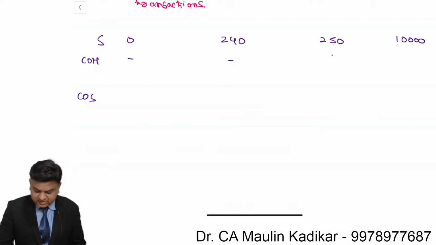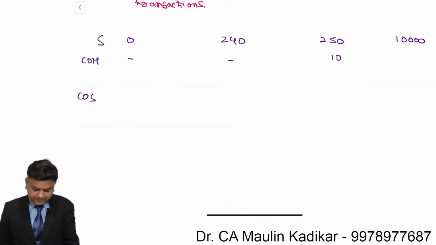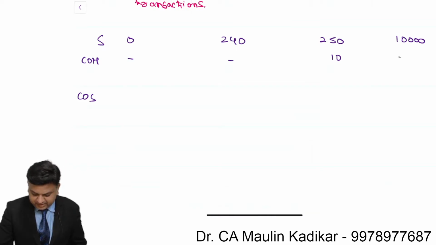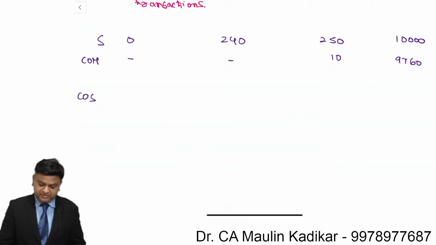In this case you will receive the payoff of rupees 10, and if the spot price of the equity share is, let us say, rupees 10,000, then 10,000 minus 240, you will have the payoff of 9760. You have sold call option with exercise price of 250.